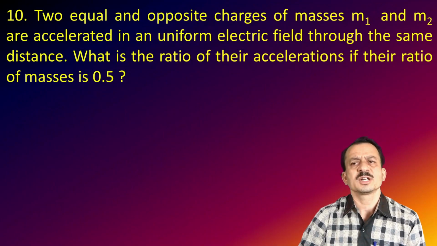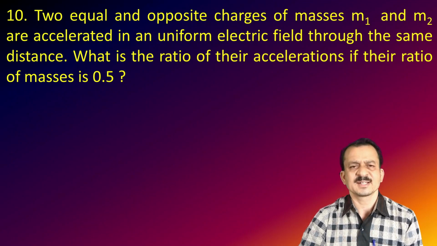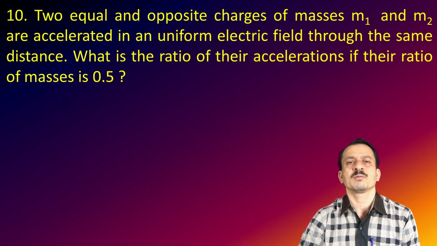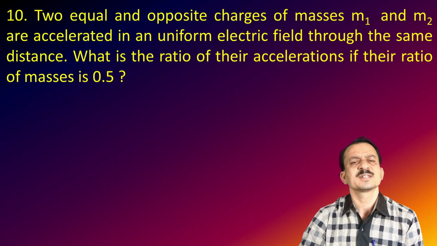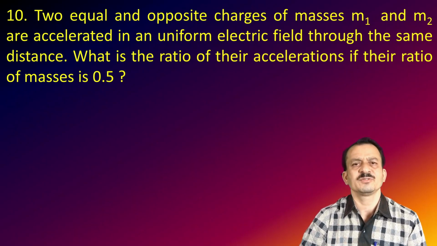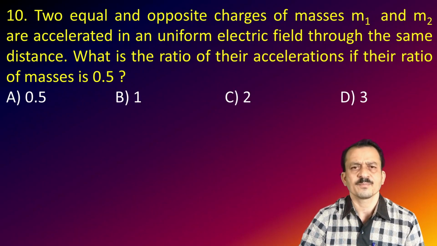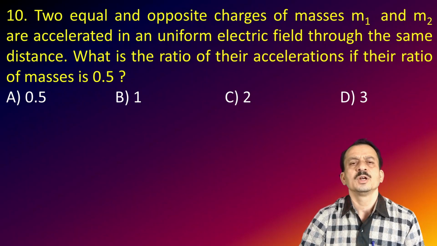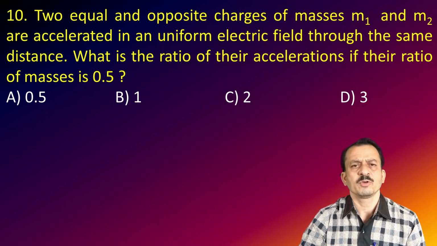Two equal and opposite charges of masses m1 and m2 are accelerated in a uniform electric field through the same distance. What is the ratio of their accelerations if their ratio of masses is 0.5? Options: A 0.5, B 1, C 2, D 3. Now here two equal and opposite charges: if one is a positive charge, the other is a negative charge, and they are accelerated by a uniform electric field.